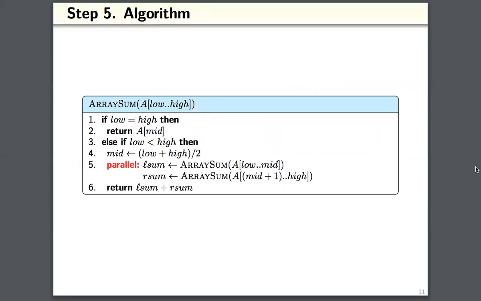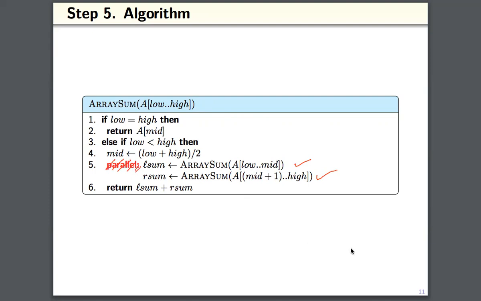Okay, I see. Thank you. If you delete these parallel keywords from the program, you can run this pseudocode or program anywhere. However, if you parallelize, say line 5, that means you are running these two function calls in parallel. I could have just deleted the keyword, and that is a serial algorithm.